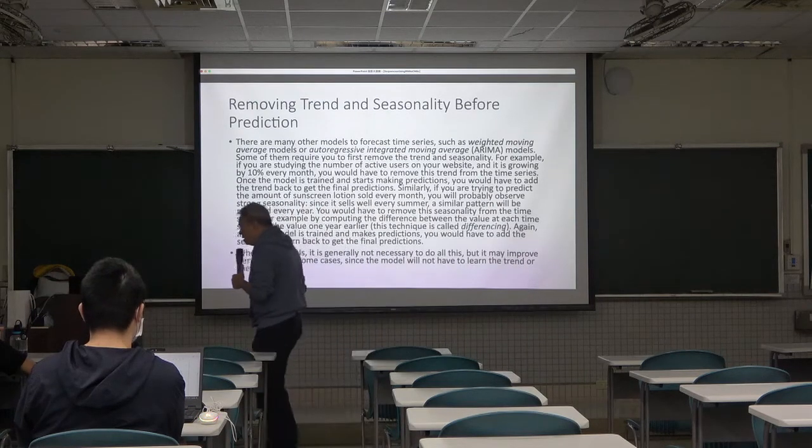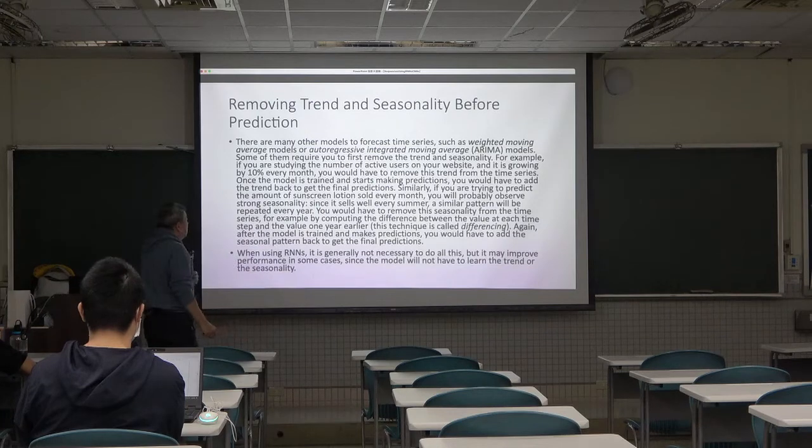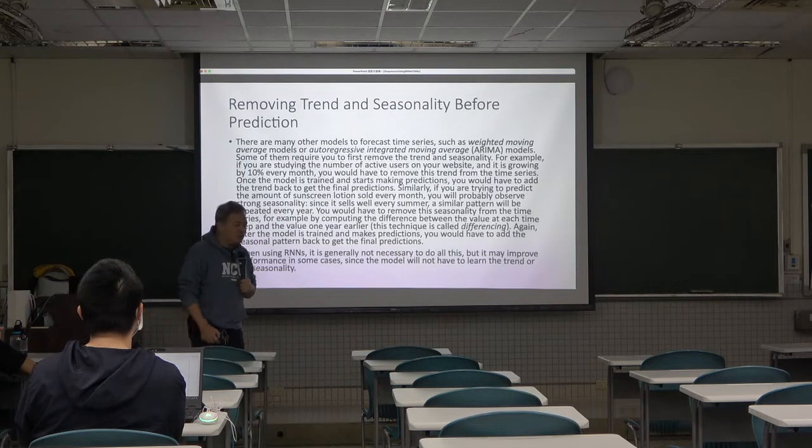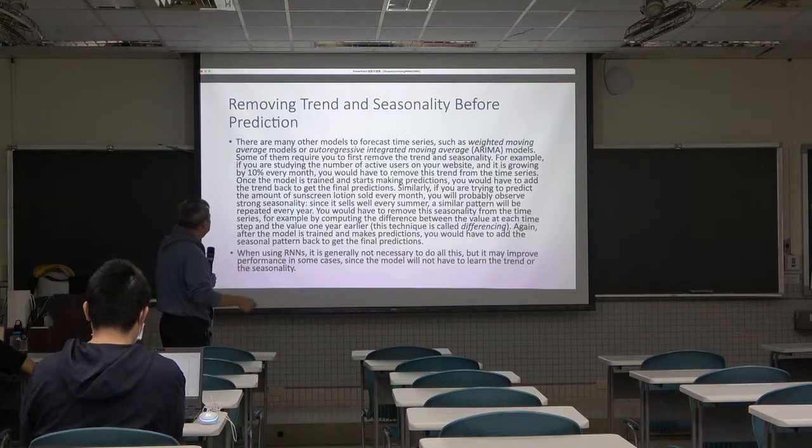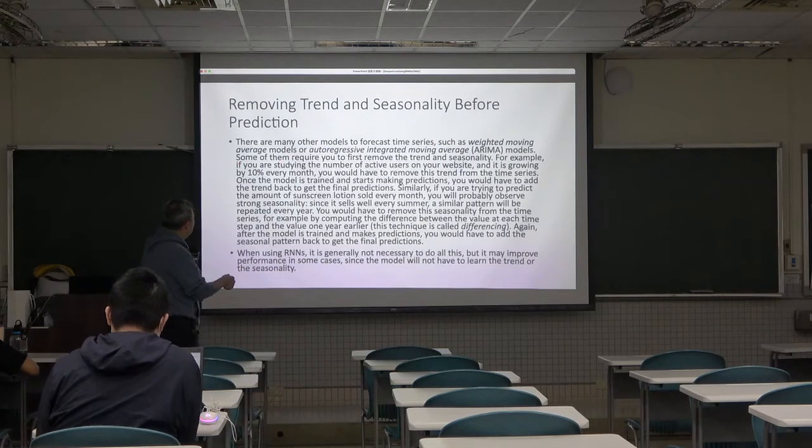This is one famous model used to predict time series data. But some of them require you to first remove the trend and the seasonality. What is trend and seasonality?